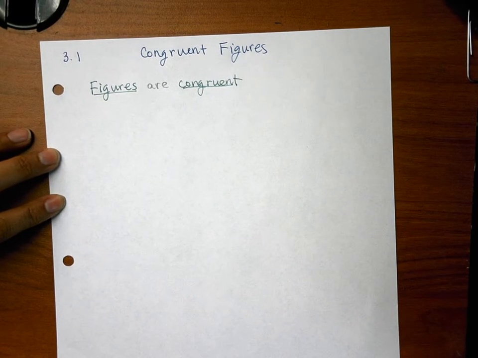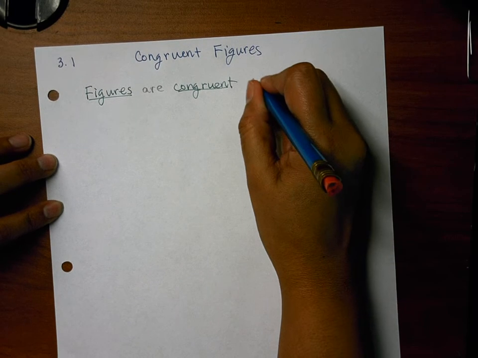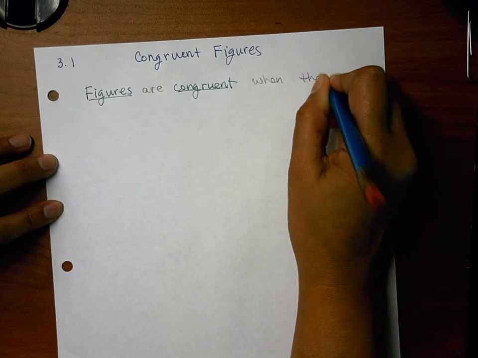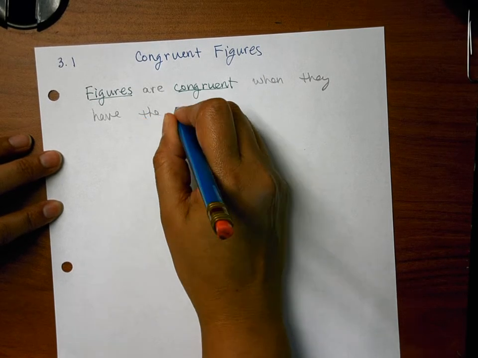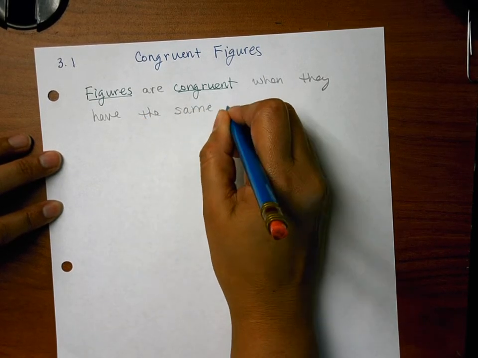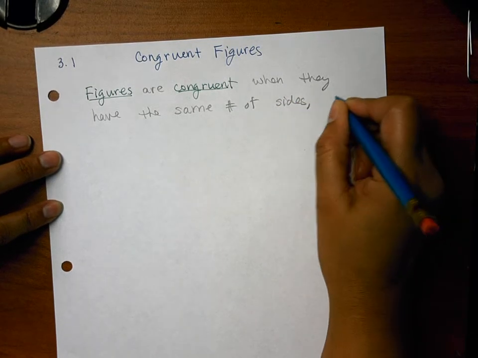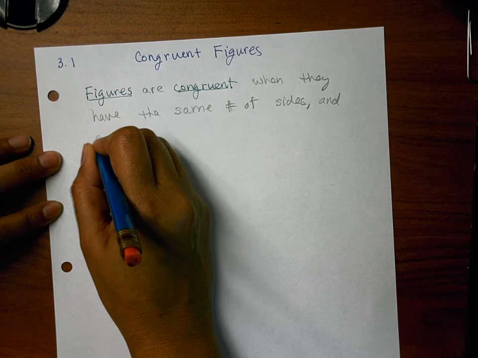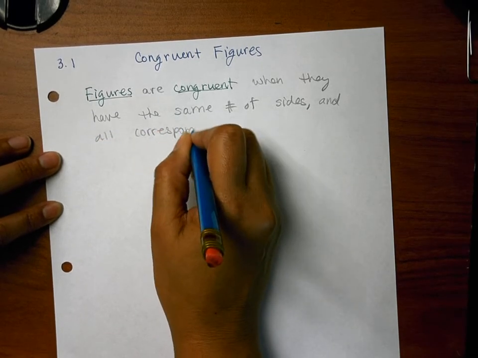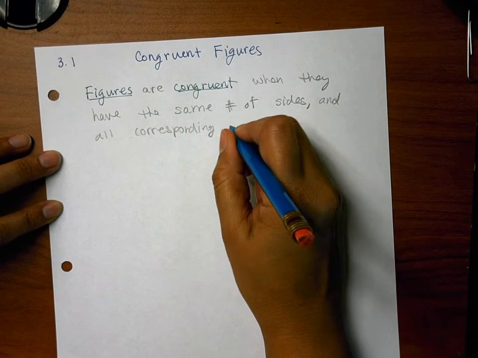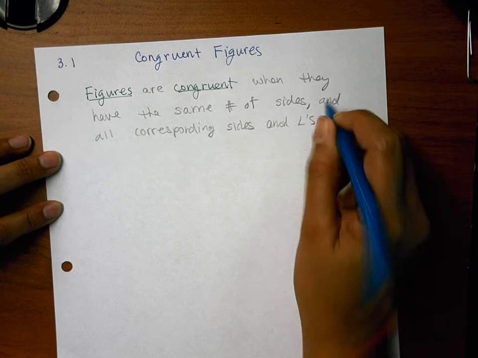Okay, now I'm going to give the definition. So congruent figures. Figures are congruent when they have the same number of sides and all corresponding sides and angles.